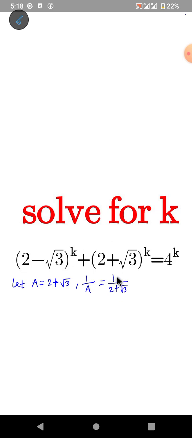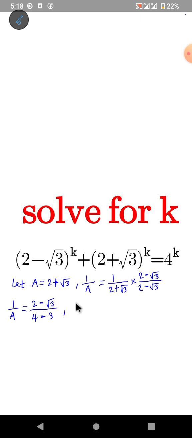Now, I'm going to rationalize this expression, 1 over 2 plus root 3, by multiplying it by its conjugate. So we say times 2 minus root 3 all over 2 minus root 3. Now, 1 over a will be equal to 1 times 2 minus root 3, which gives 2 minus root 3, all over 2 plus root 3 times 2 minus root 3, which gives 4 minus 3.